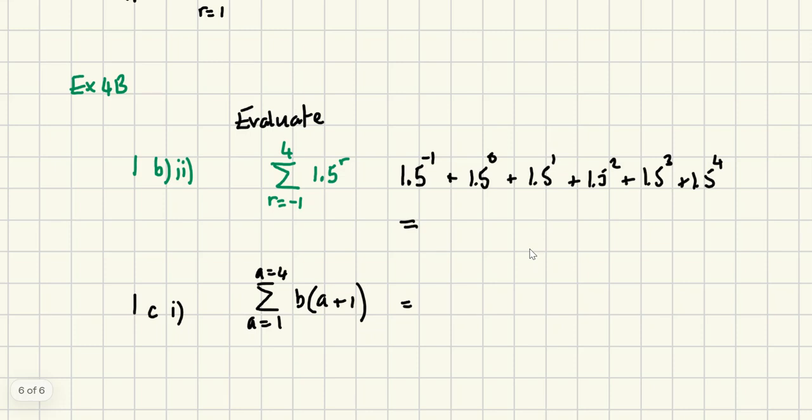So what is it? b times (1 plus 1) is 2b, plus b times (2 plus 1), so 3b, plus 4b, plus 5b. And what does that simplify down to? 14b. And that's it. We weren't given anything for b in that case.